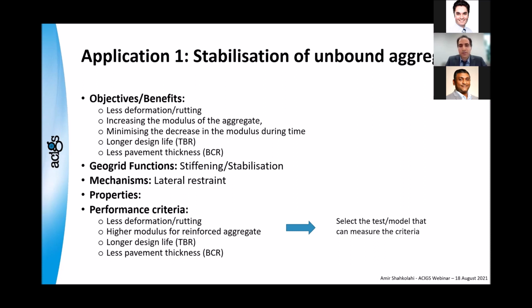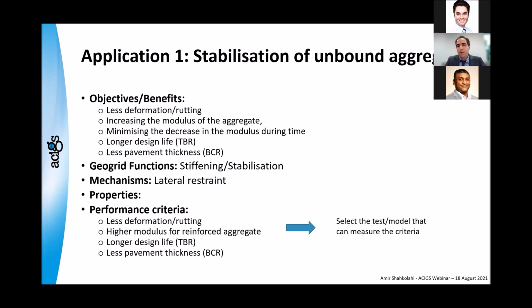Mechanism is lateral restraint, the main one. Properties, we will see in future slides. And some of the performance criteria that we can consider is less deformation or rutting, for example, higher modulus for reinforced aggregate, TBR, BCR. Based on these criteria, we can select a test and then a model that can measure these criteria based on the mechanism and the function.